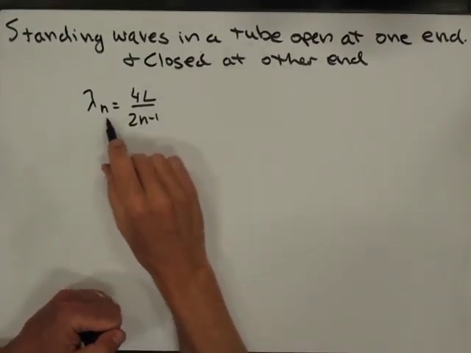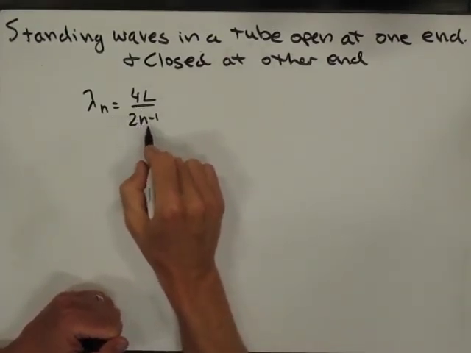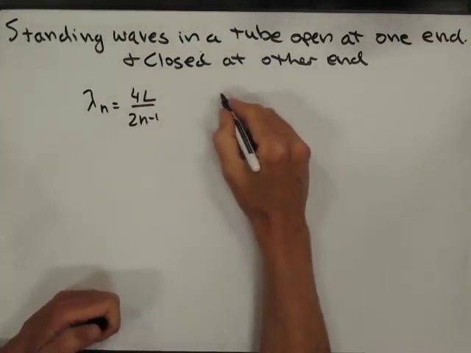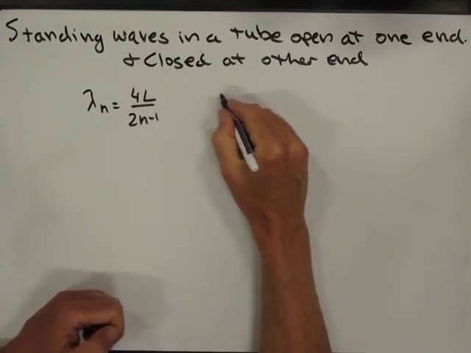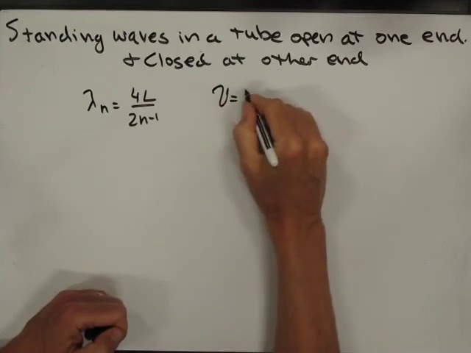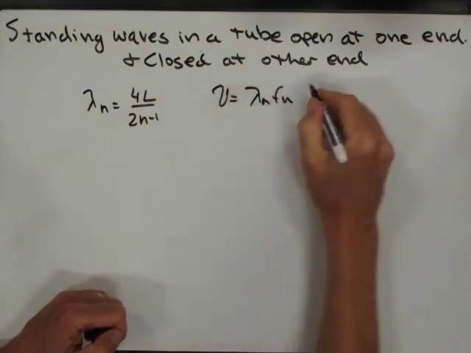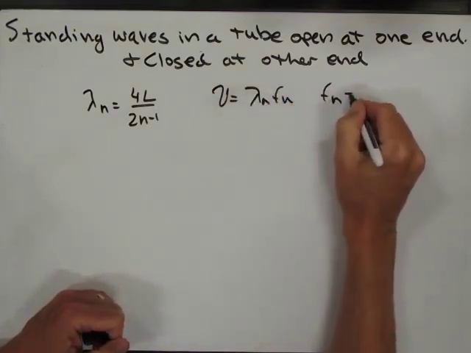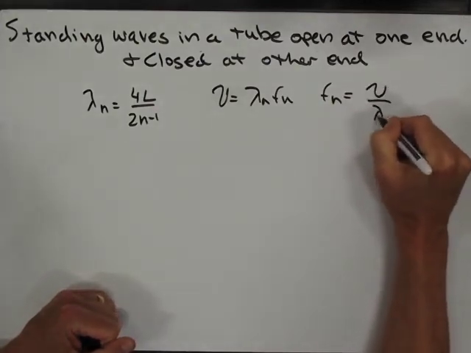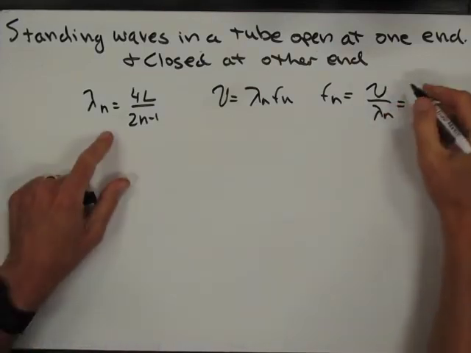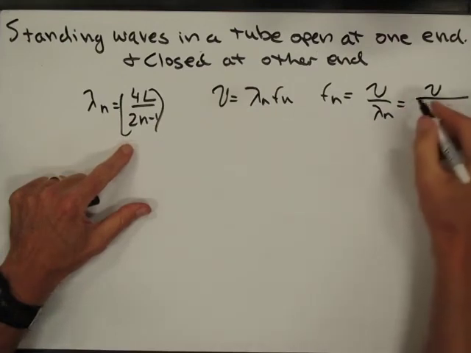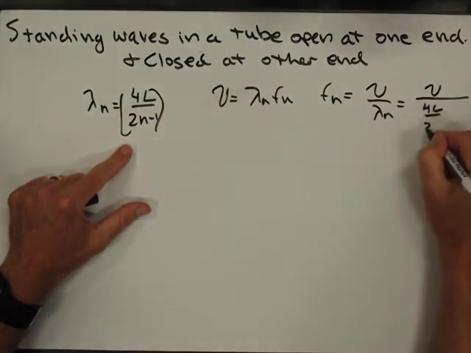So if the wavelength of the nth harmonic is 4L over 2n minus 1, then we can say, just like we did before, the velocity of the wave is equal to lambda n times Fn, or the frequency of the nth harmonic is the velocity over lambda n, which is the velocity over 4L over 2n minus 1.